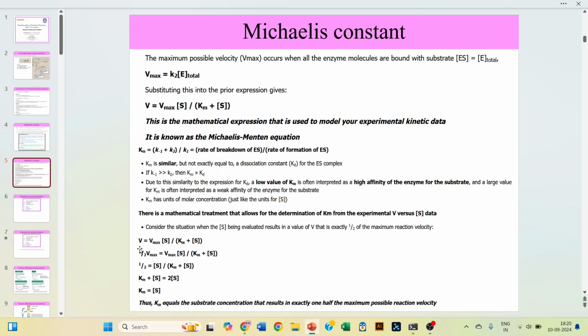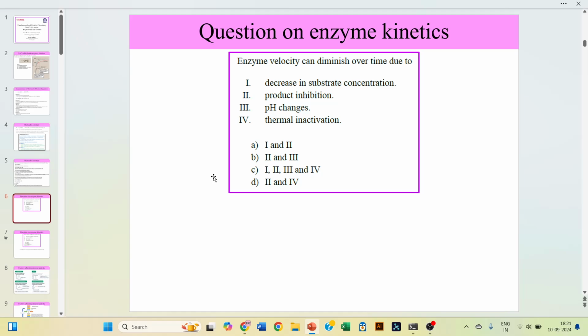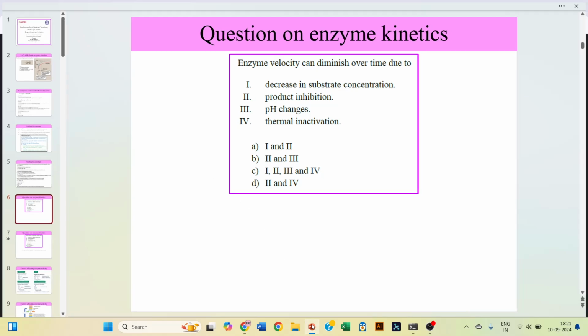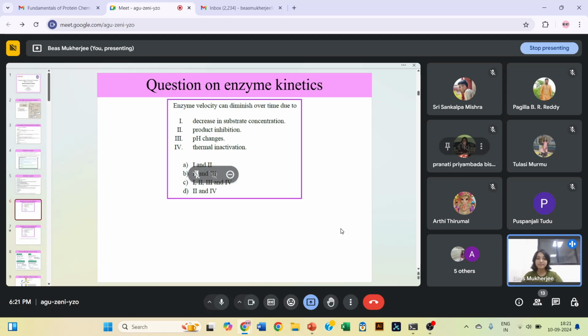When you substitute V with half of Vmax, then you get K is equal to substrate concentration. So at half of Vmax, we are getting the substrate concentration as Km. Besides that, how Km is related to the dissociation constant is given here. You can read about this. And now we will go to an MCQ.